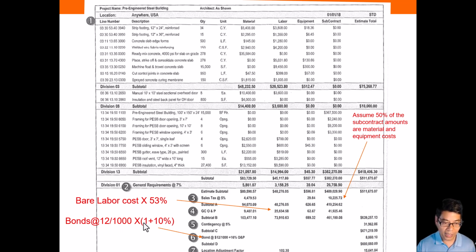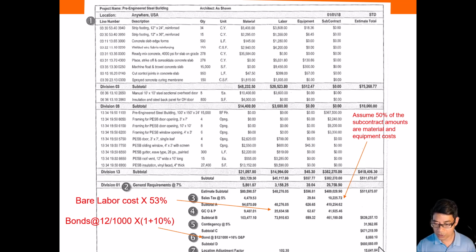In addition to that, I'm going to charge 10% as my overhead and profit, which is 1.1 times the bond cost. So that's how you come up with this number. If you want to prove it, feel free to calculate using this formula. And then after that, we add this number on top of this subtotal C.